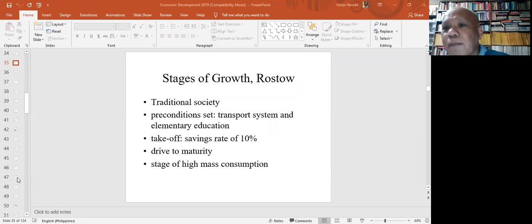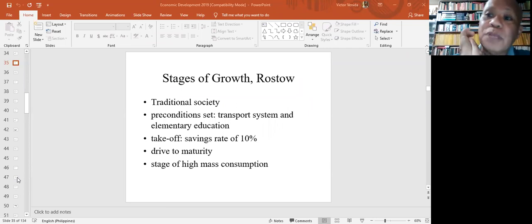Okay, what guaranteed the attainment of developed economy status was that more and more of the investments were going towards the industrial sector. So that in the fourth stage, the industrial sector was now the dominant sector in terms of its total share in output, employment, and export earnings.